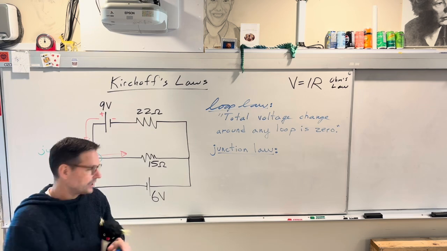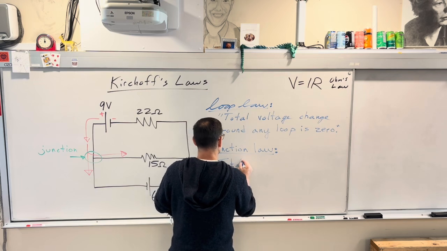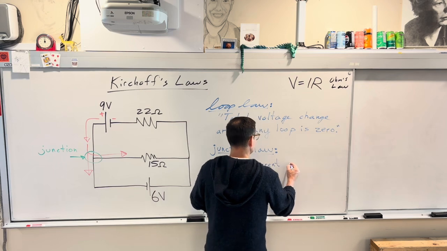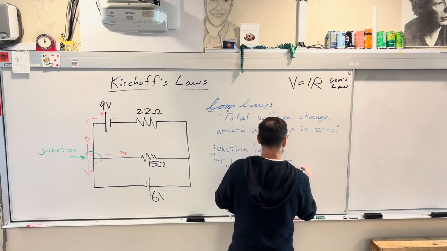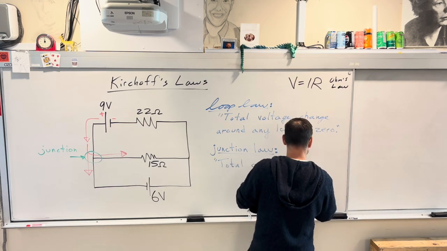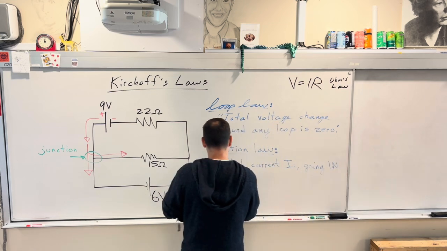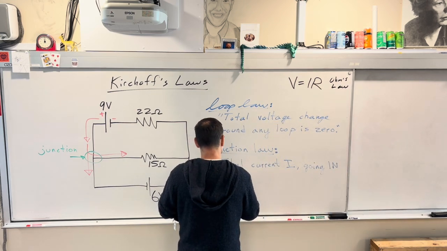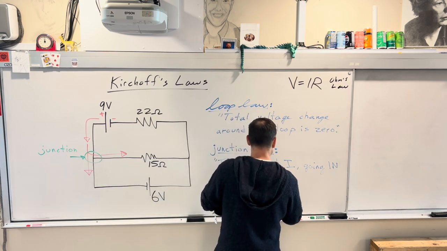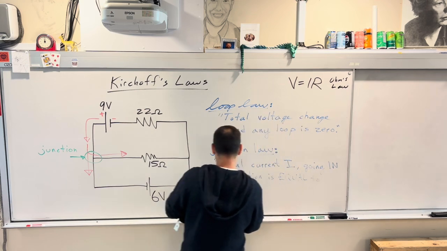The same, exactly. So this says total current, which we call I, going into a junction is equal to current going out.